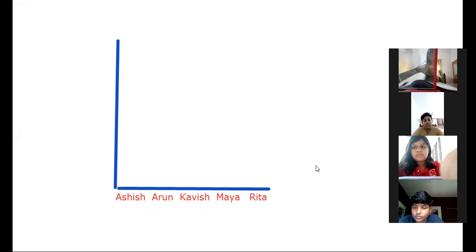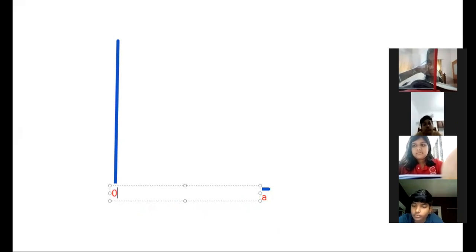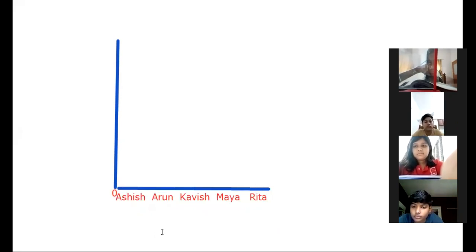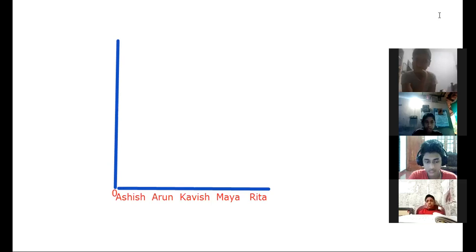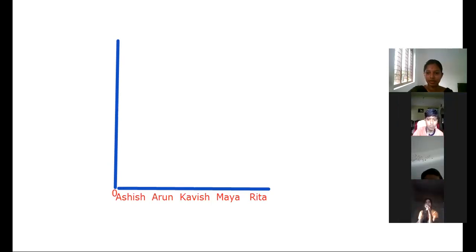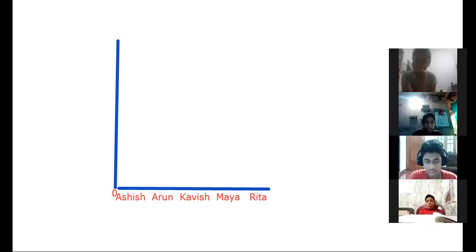Okay. So we have represented the names of our students on our horizontal axis, and as usual this is the point 0. And what about our vertical axis? The vertical axis may represent the marks of our students. Then what is the appropriate scale we have to choose here? The marks are 10, 15, 12, 20, 15, 8, 16, 21, and 15.